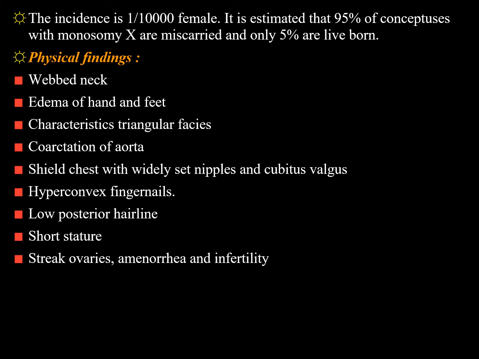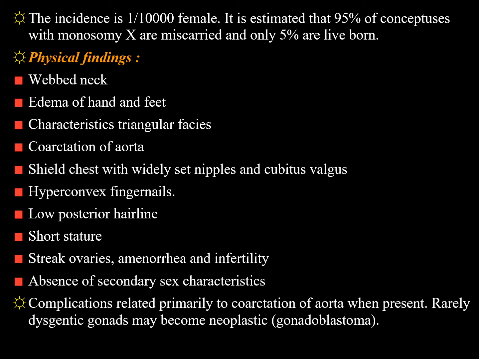This is also important because it is sometimes diagnosed in adolescence when the girl does not have menses and absence of secondary sex characteristics. Complications relate primarily to the coarctation of the aorta when present. Rarely, the streak gonad may become neoplastic, a gonadoblastoma.